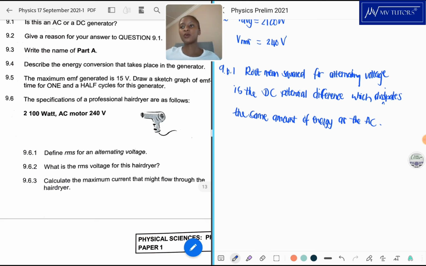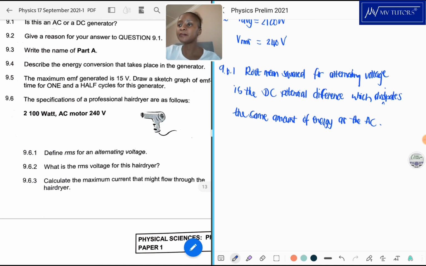Let's just stick to dissipate. So that is the RMS for an alternating voltage. It's basically the DC potential difference which dissipates the same amount of energy as the alternating current.